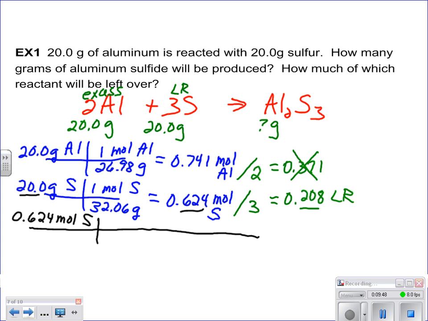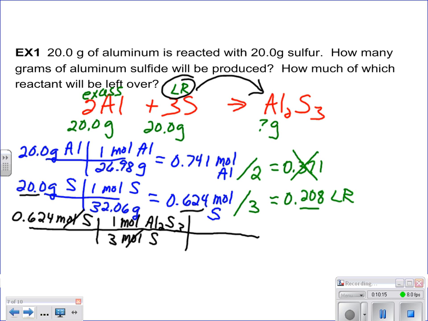So we can get rid of our moles of sulfur. Where are we trying to go? What am I trying to find from this? The aluminum sulfide, good. So we know that this is our limiting reactant, so we want to find out information about our aluminum sulfide. So we're getting rid of our moles of sulfur and going to moles of aluminum sulfide. 1 mole of this to 3 moles of this.